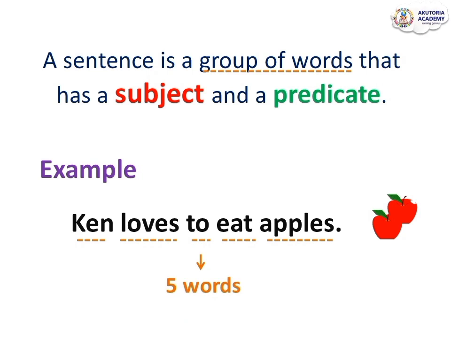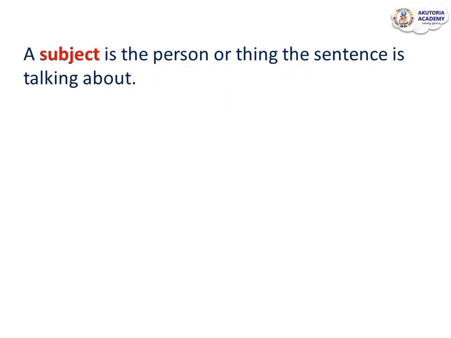So a sentence is a group of words. The second thing I said is a sentence has subjects and it has predicates. So what is a subject? A subject is the person or thing the sentence is talking about.